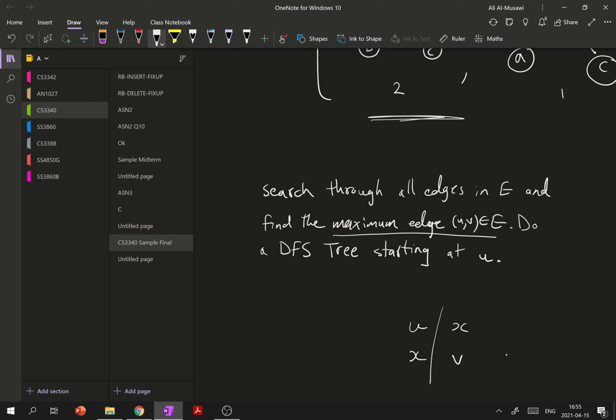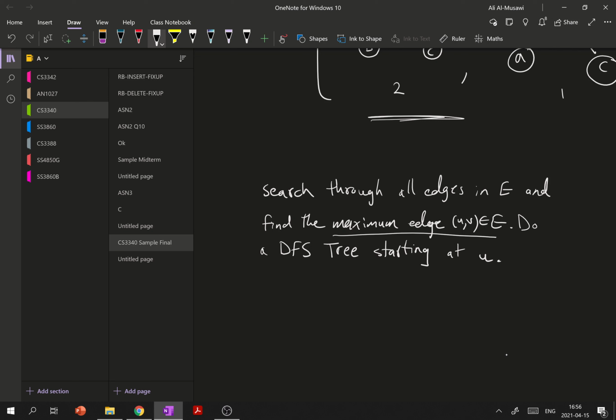Then when you do your DFS tree, XV will be an edge, but UV will not be an edge because V has already been included. So we will not be able to have that. This is just one constraint that we need to handle. Do a DFS starting at U.